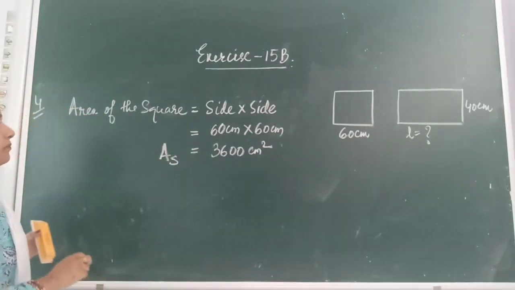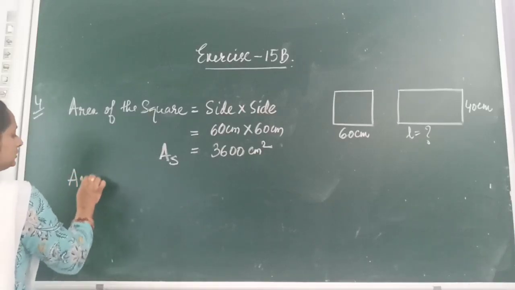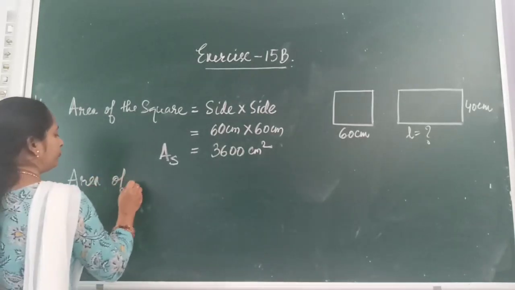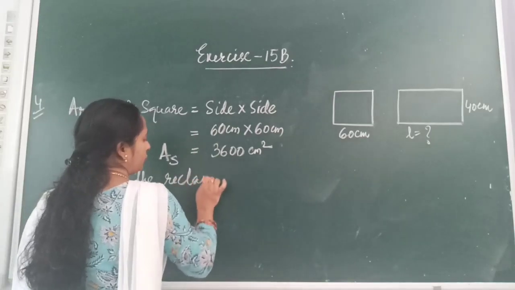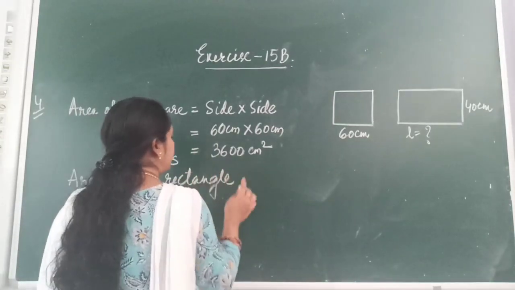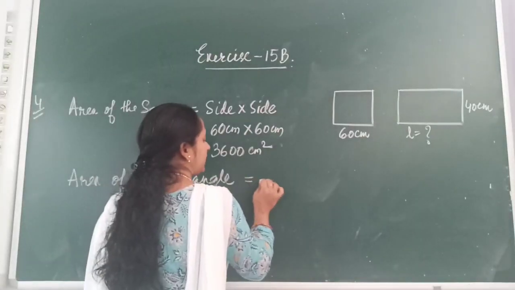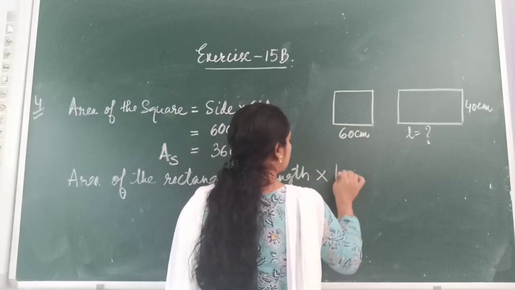Now let us come to the area of the rectangle. We know only the breadth of the rectangle. What is the formula for the area of the rectangle? It is length multiplied by breadth.